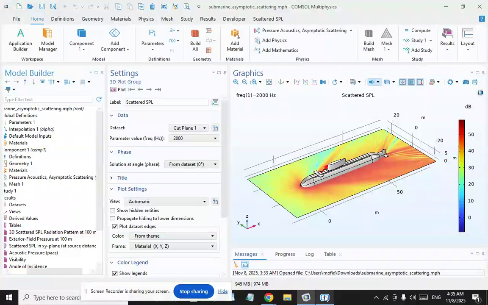Furthermore, previous research has mostly focused on low to intermediate frequency ranges, ignoring the critical high frequency domain where the scattering effects grow more intricate and important for underwater detection systems. As a result, knowledge of high-frequency asymptotic scattering and its impact on target strength is still restricted.